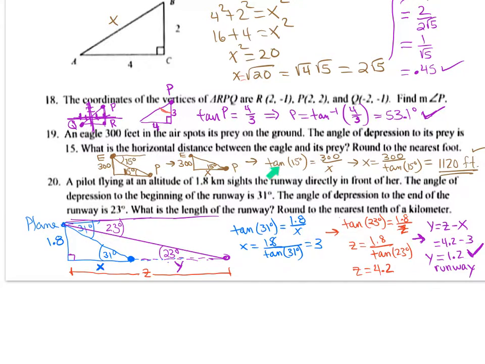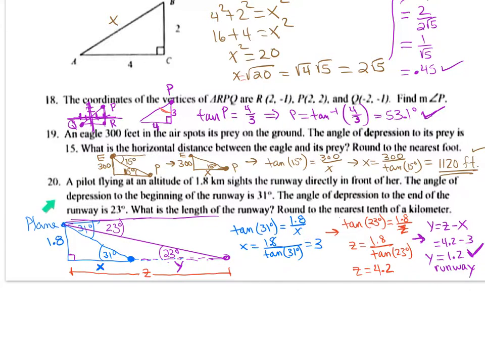So that means the tangent, which is opposite over adjacent, the tangent of 15 is 300 over x. Multiplying by x and then dividing by tangent 15 gives us x equals 300 divided by tan 15, and the calculator gives you a result of 1120 feet.